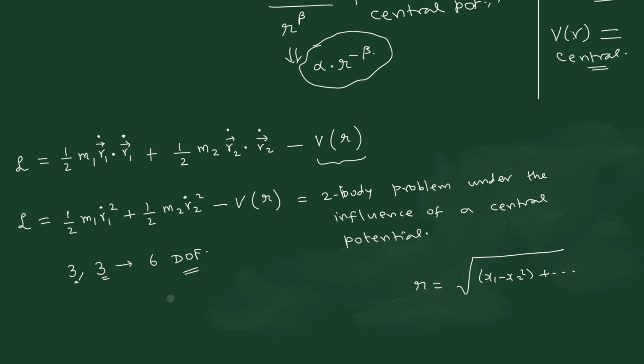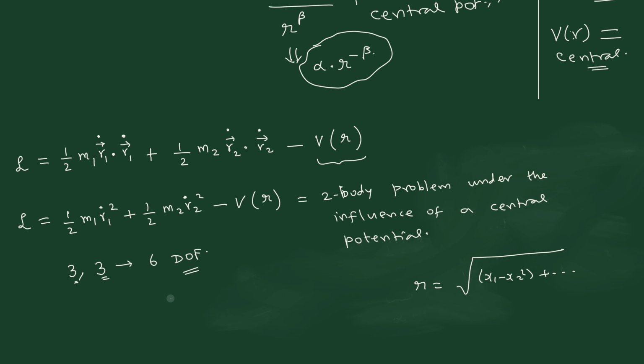Or if this is also not working, you can think about converting Cartesian to polar, or Cartesian to spherical. All possible things. These are the ways in which you can make the coordinate transformation: translation of the same coordinates, rotation of the same coordinates, or totally transforming the coordinates to a spherical system or something like that. So these are all the possible ways that you are going to think.